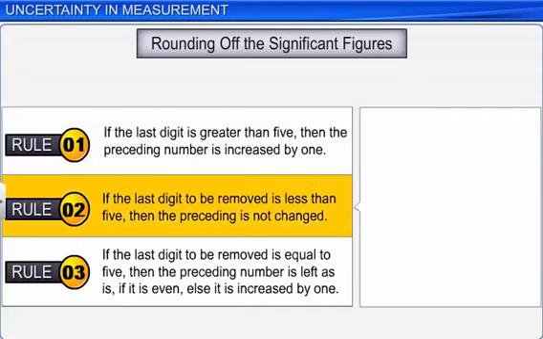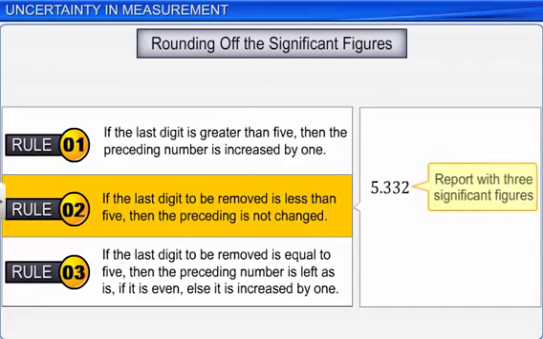The second rule is, if the last digit to be removed is less than 5, then the preceding number is not changed. For example, in 5.332, if 2 is to be dropped, then the result is rounded off to 5.33.